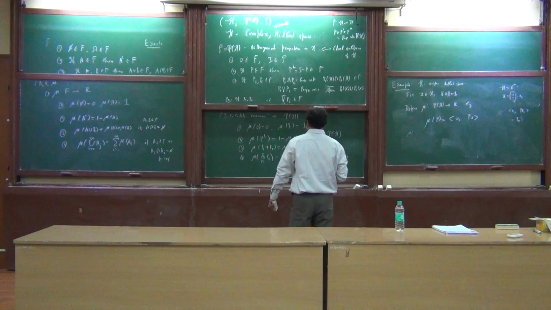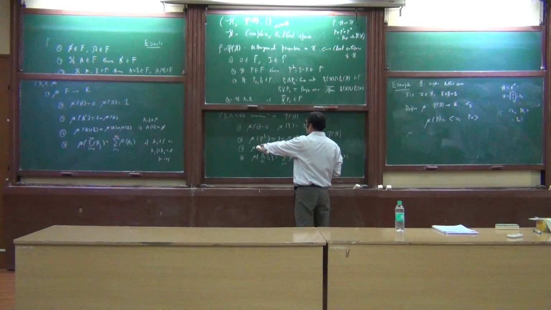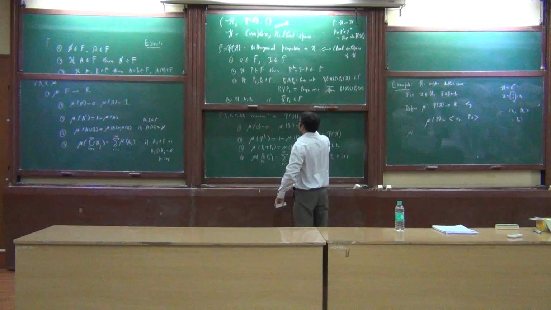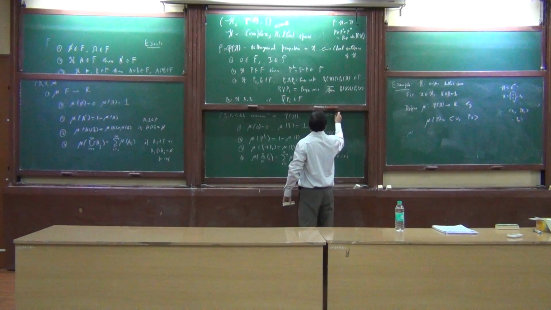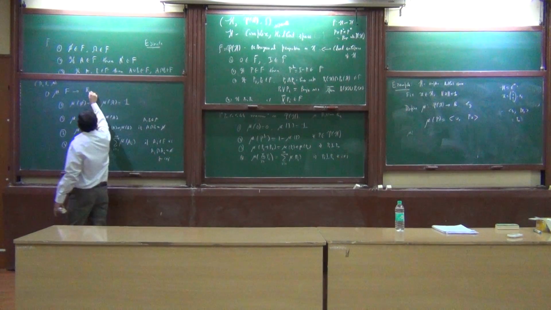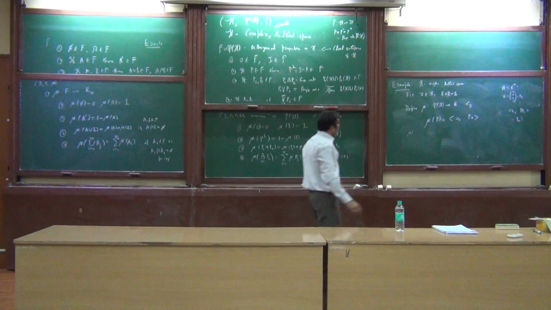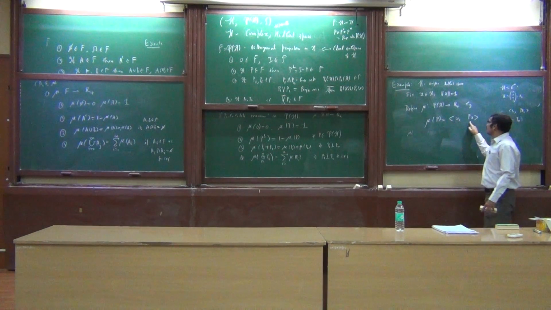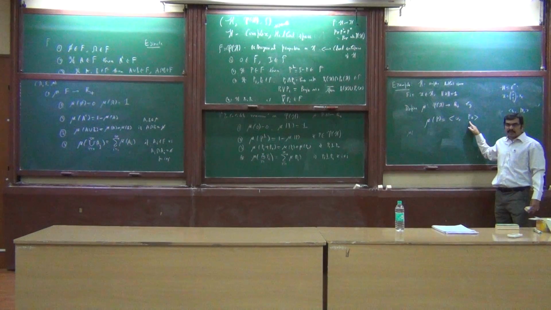And the sum should be... well, I didn't say anywhere it should be non-negative, right? So mu should be from P of H to R plus. See, this is always non-negative because P is a projection.